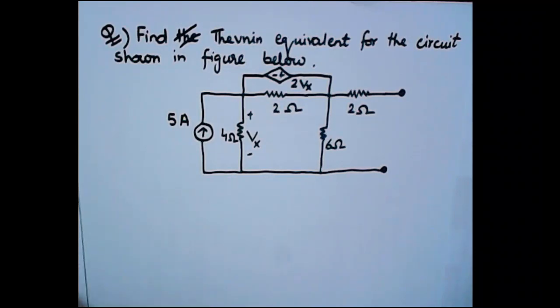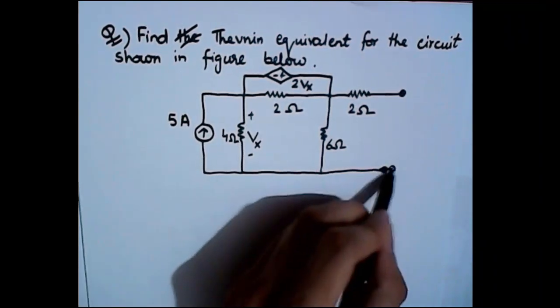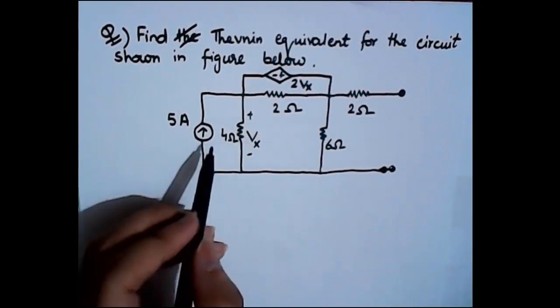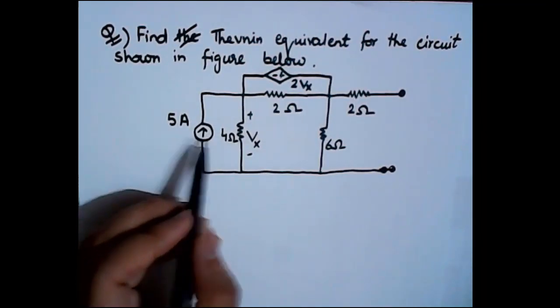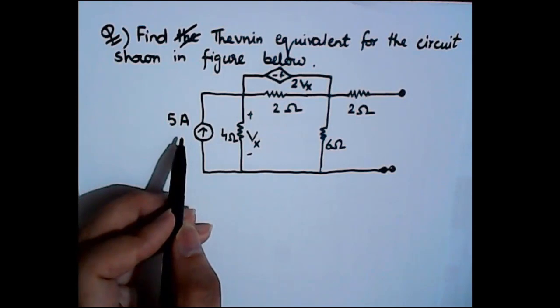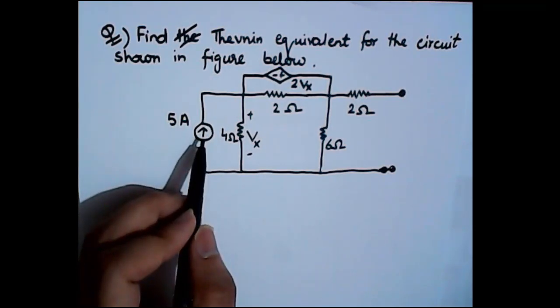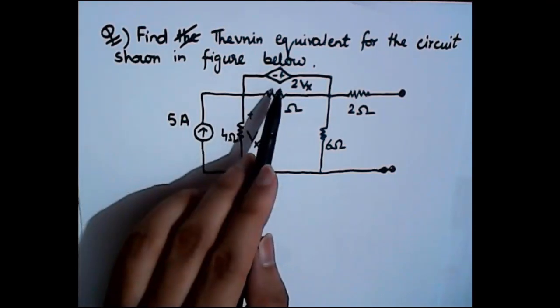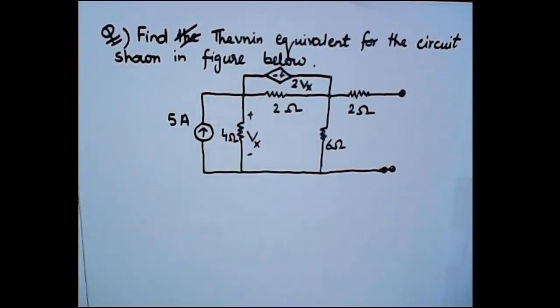And then one thing that you will see is that it involves two types of sources. The first one is an independent current source of magnitude 5 amperes, and the second one is the dependent current source of magnitude 2x.